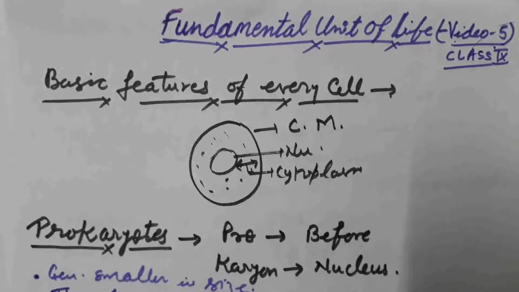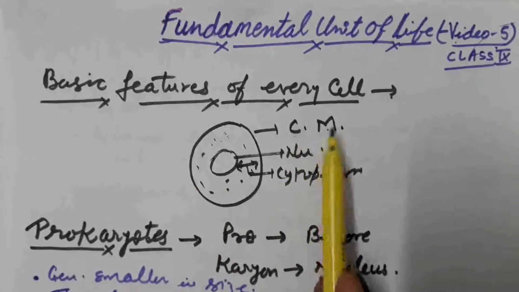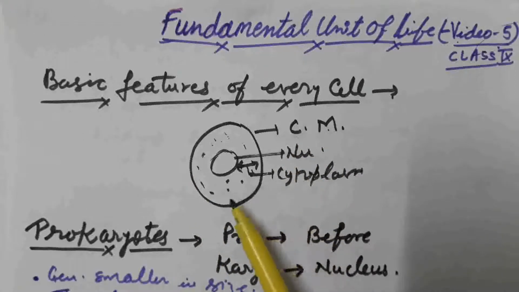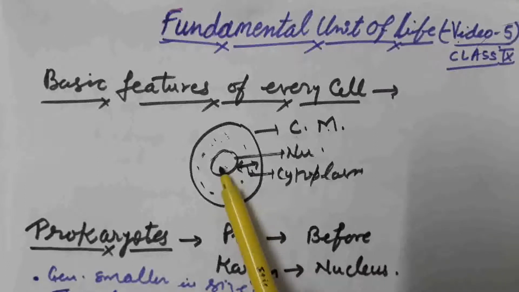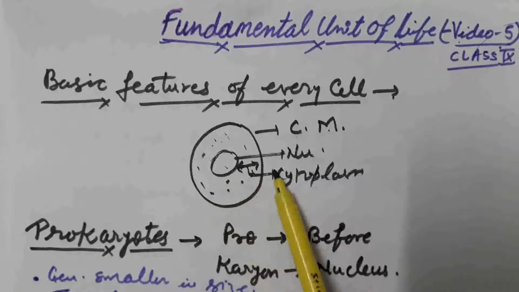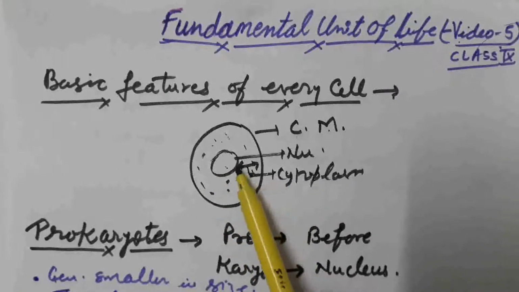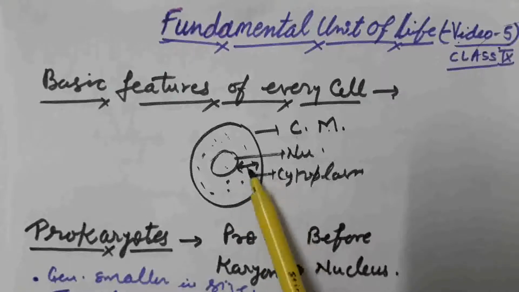That is, the outer covering of living cell is known as the cell membrane or plasma membrane, we already discussed. In the center of every cell, nucleus is there, we already discussed in our previous video. And one more thing is present around the nucleus, that is cytoplasm.